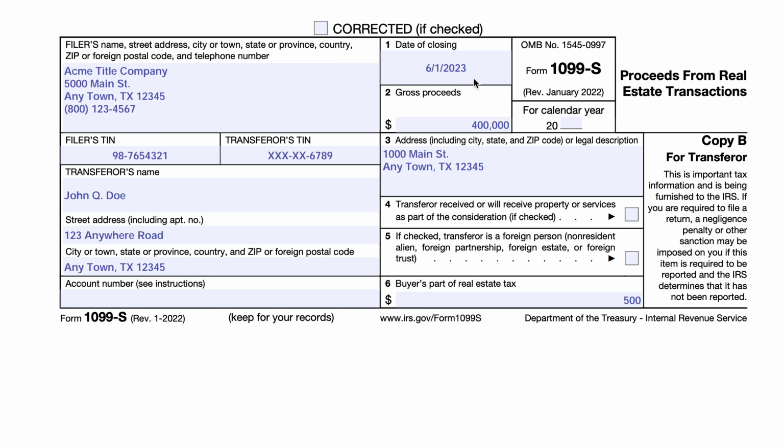So on the right-hand side of the form, there are 6 different information fields. So on date 1, that's the date of closing. The IRS defines the closing date as the date that is on the closing document. The closing document is the new version of what used to be known as the HUD-1, the closing disclosure.